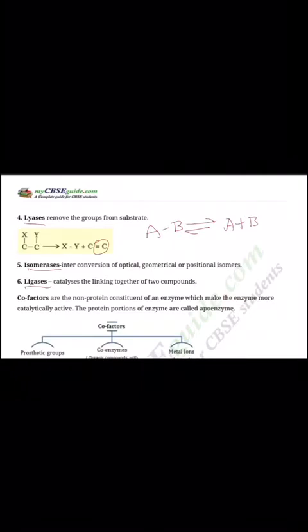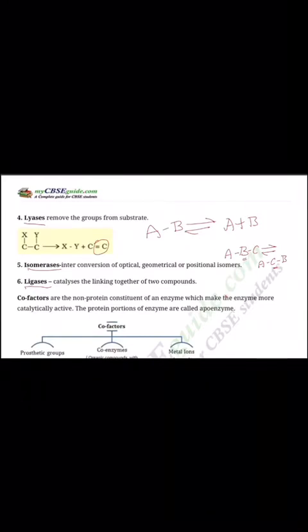You may recollect from chemistry knowledge what isomers are, and we can write this in this form. The mirror images A-B-C, this reversible reaction, and what you get is A-C-B.